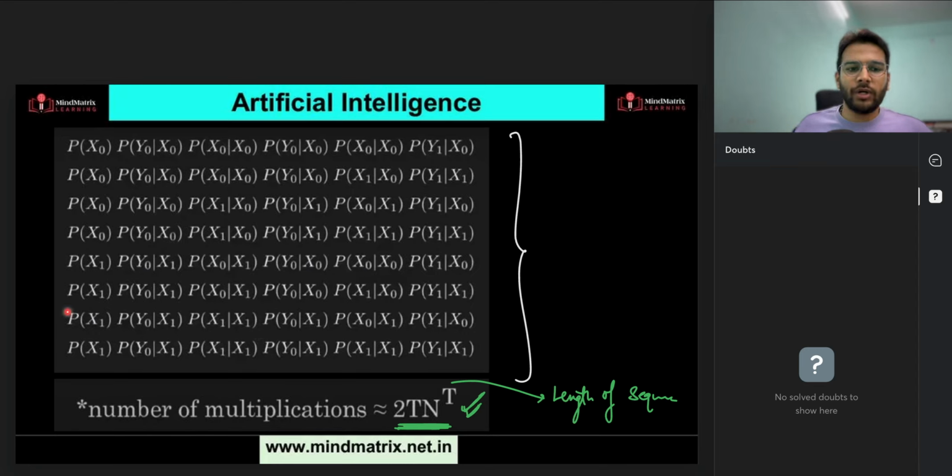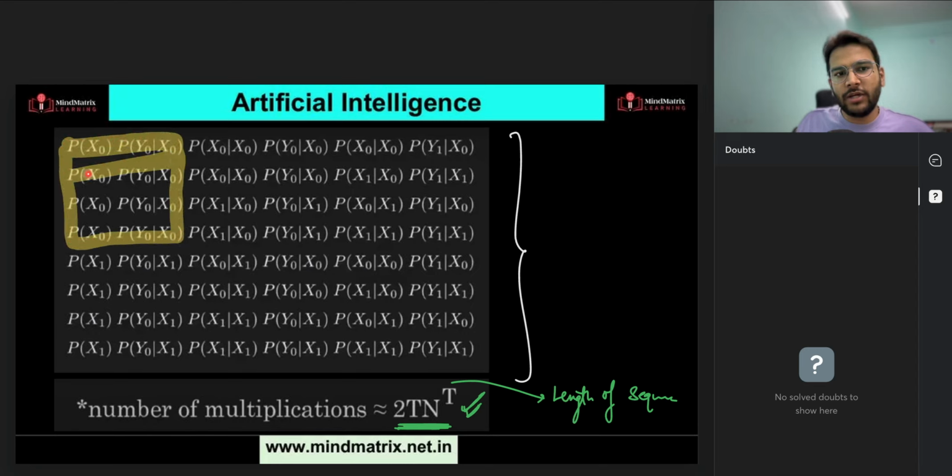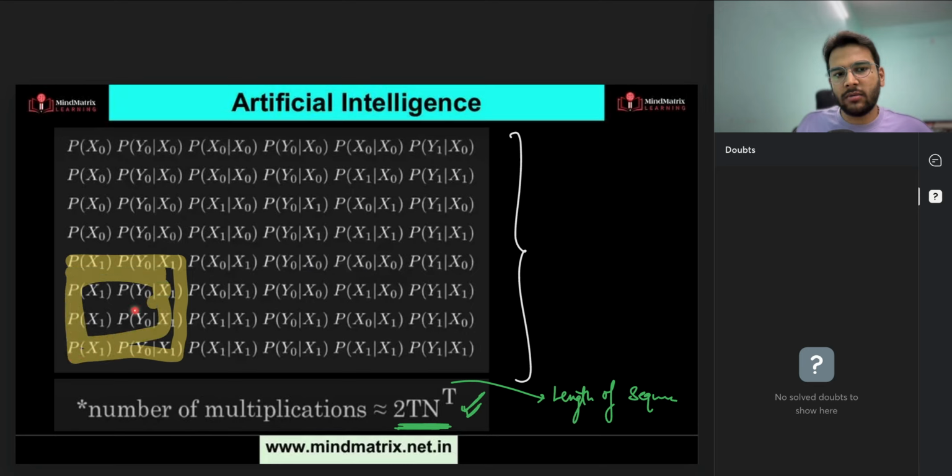So what can we do to reduce it? If I carefully observe, you will find that a few things are common here. Carefully see this. Can I say a few things you are calculating again? Similarly, just focus on this part. This part you are calculating again and again.